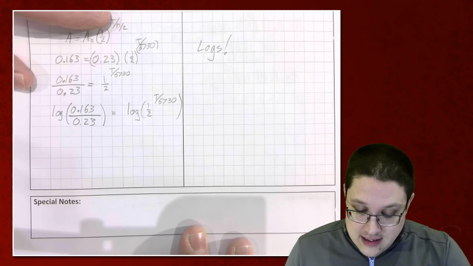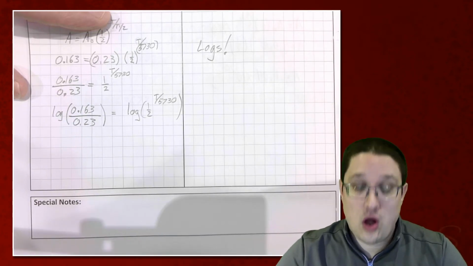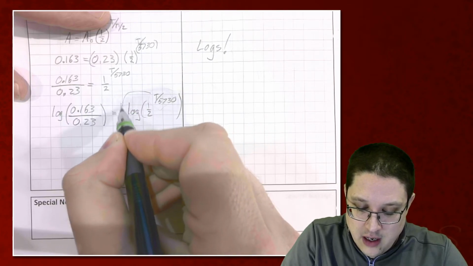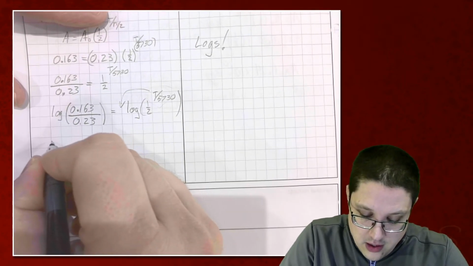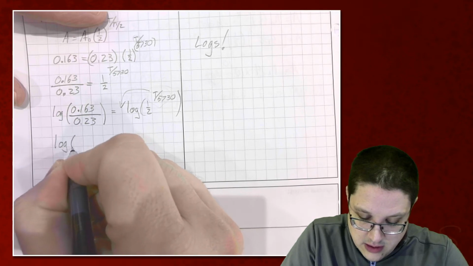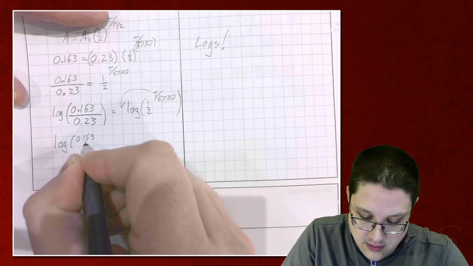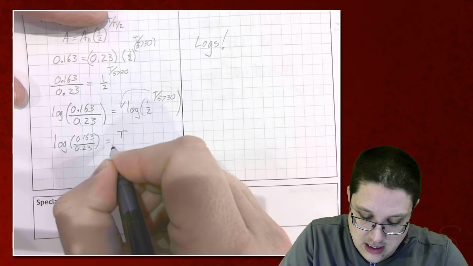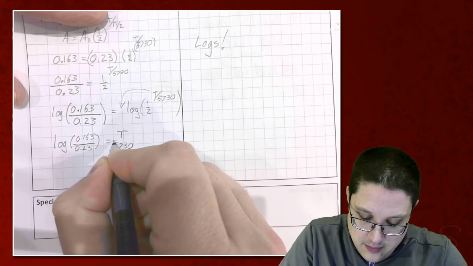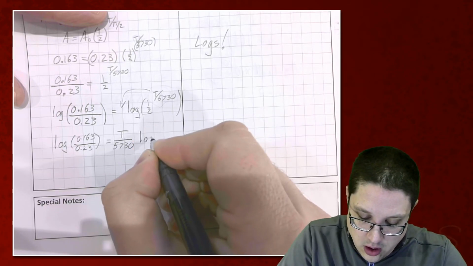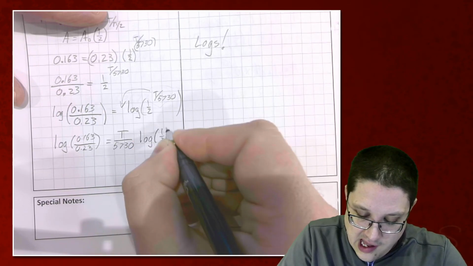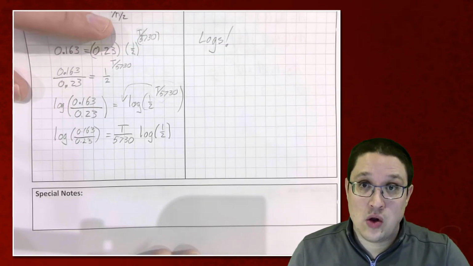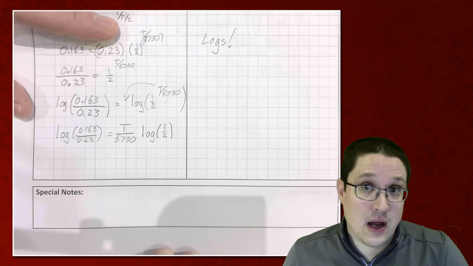What I can do next is, using the properties of logs from my log laws, this exponent here, I can move down in front. So I can say log of 0.163 over 0.23 equals T over 5730 times log of 1/2. And now all I have to do is solve for T, because that's now basic algebra.